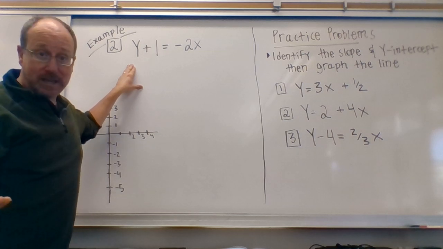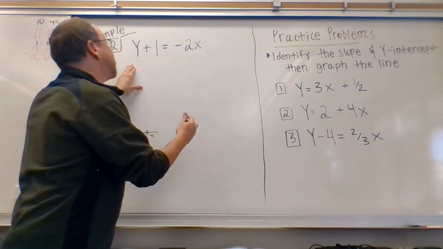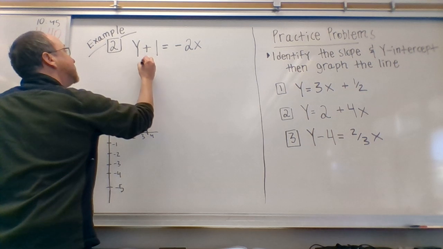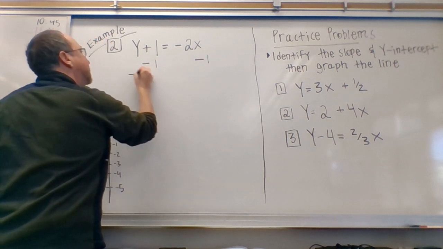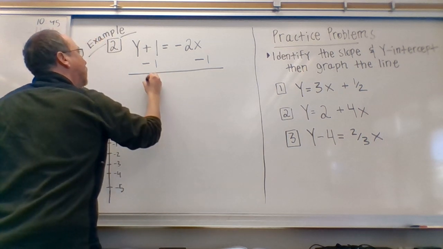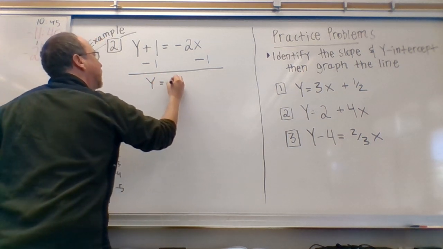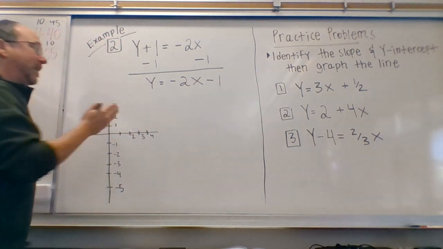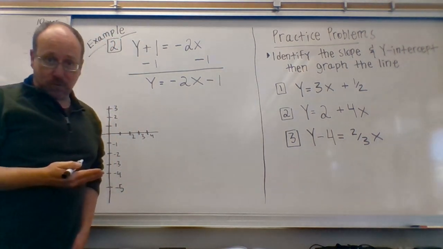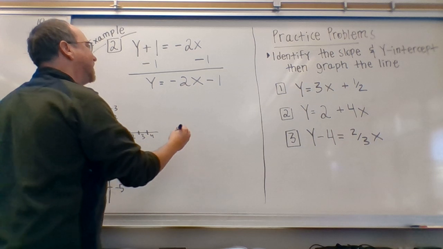So I'm going to connect this with some previous knowledge. I'm going to solve for y, which means I need to subtract 1 from both sides. The new equation is y equals negative 2x minus 1. Then you're saying, cool, I've got slope-intercept form here. I'm going to be able to graph a line.